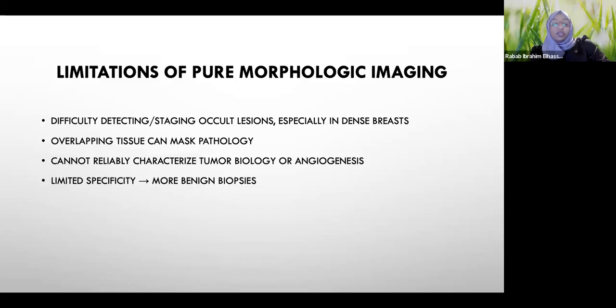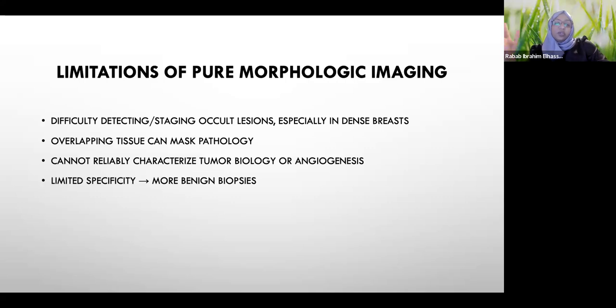Morphologic imaging cannot characterize the tumor biology or angiogenesis. By tumor biology, I mean that, like in grade 3 tumors, we know they grow very rapidly and become necrotic within the center, but you cannot see this on morphologic imaging.